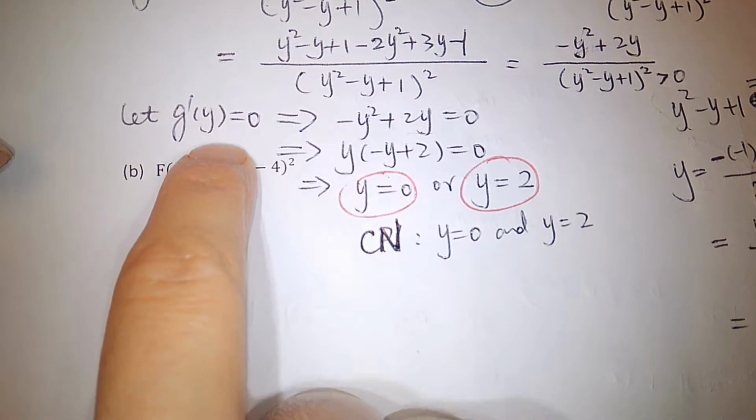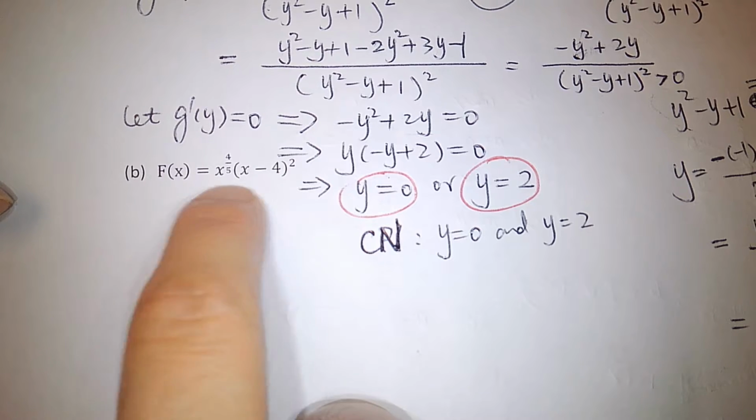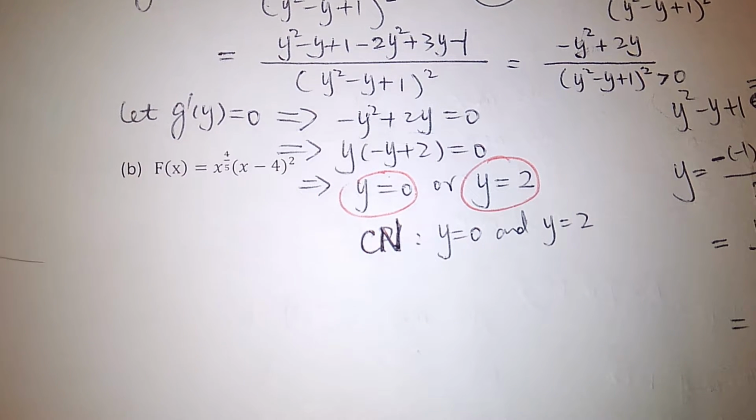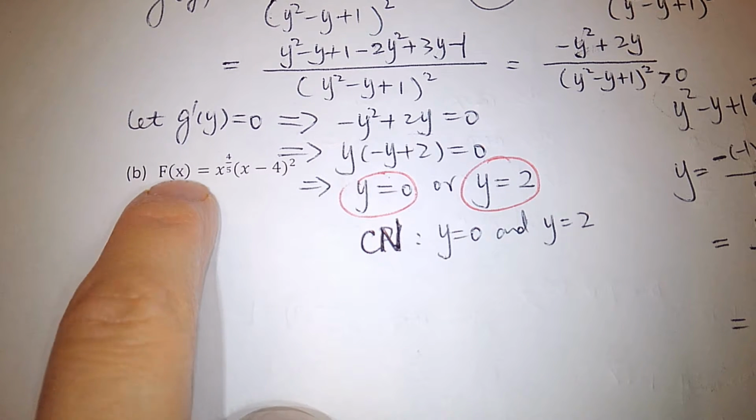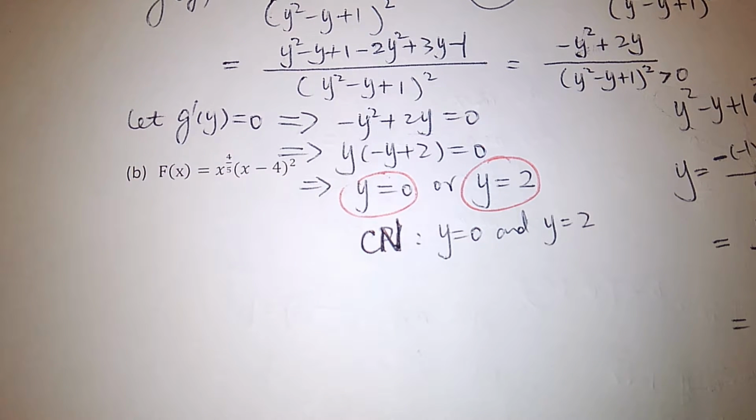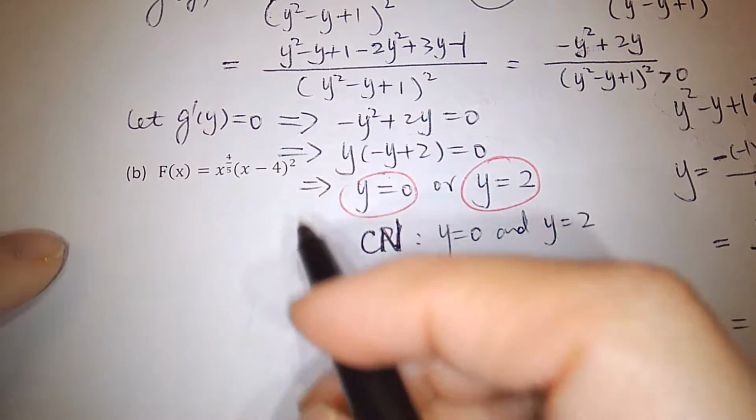We have a fraction as an exponent. So that's the hard part. f of x equals this. So find critical numbers. What do we do at first? What do you do? Differentiate it, right? So find the derivative first, okay?